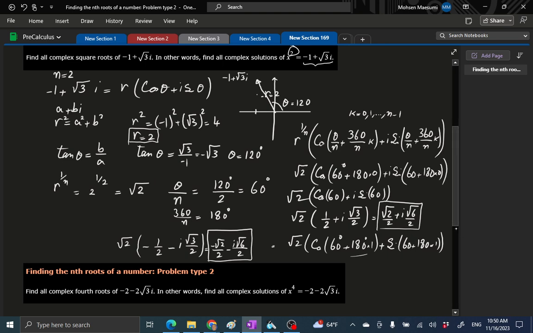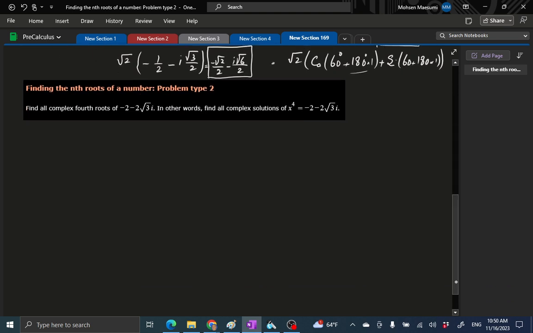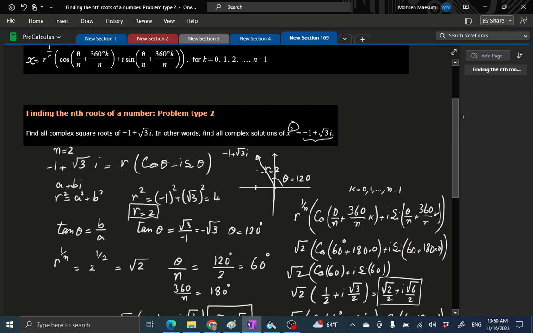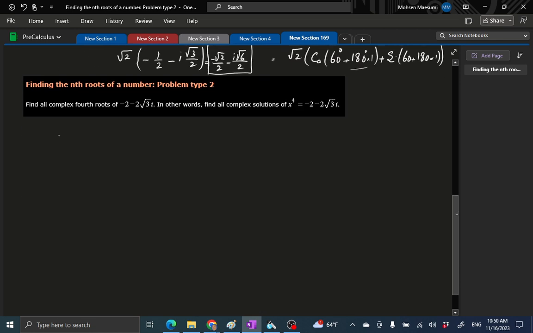Here's another example. This one is the fourth root of something. So we are given our z, the number that we are given, a plus bi, is now minus 2 minus 2 radical 3 i.